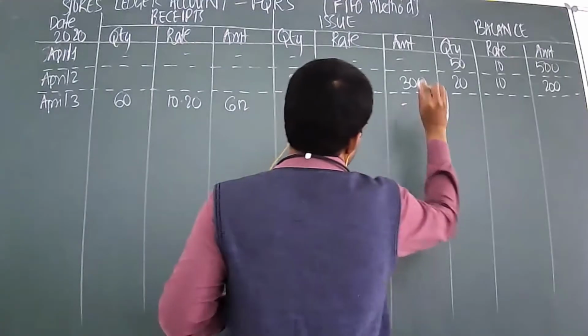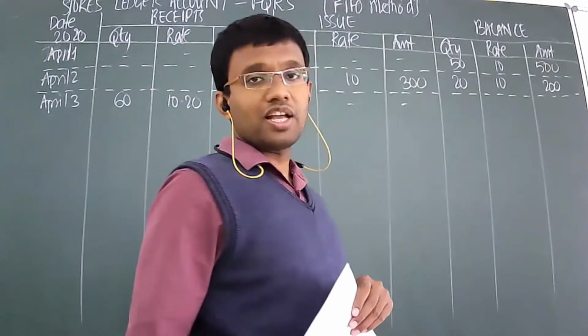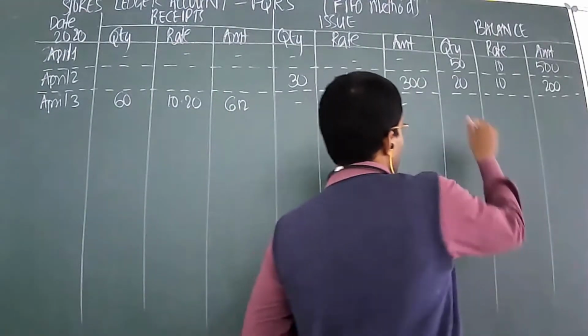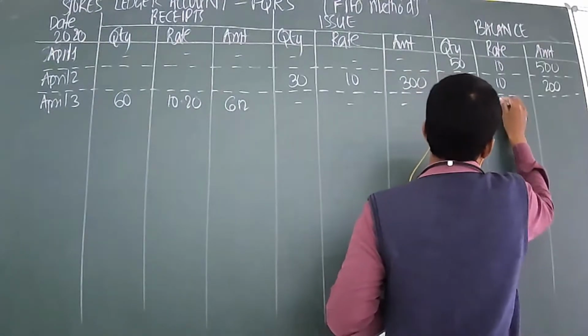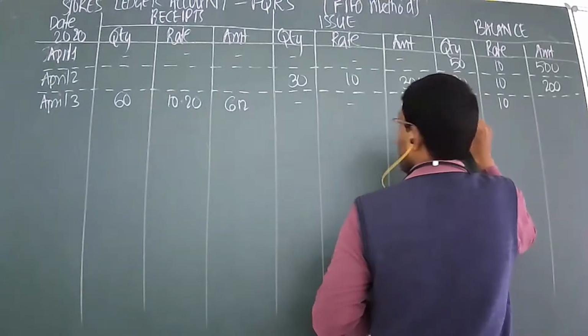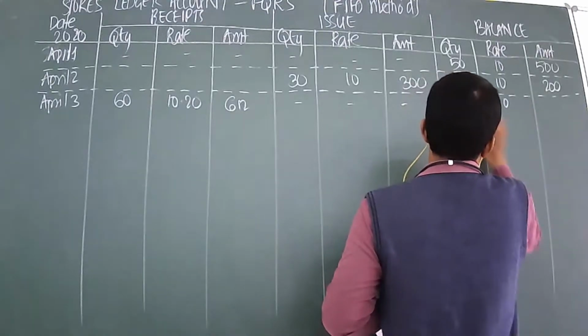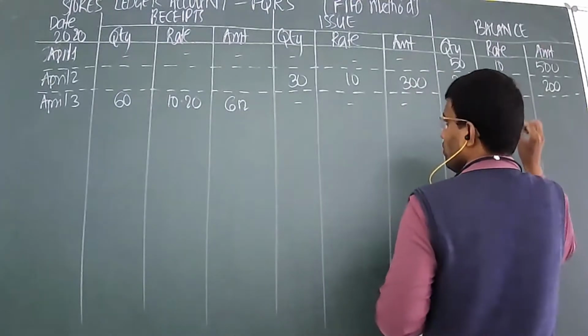612. Now that you had a transaction taking place, we will have to record the balance. So you have the first batch of 20 units that was bought at 10. Then you have another 60 that was bought at 10.2.